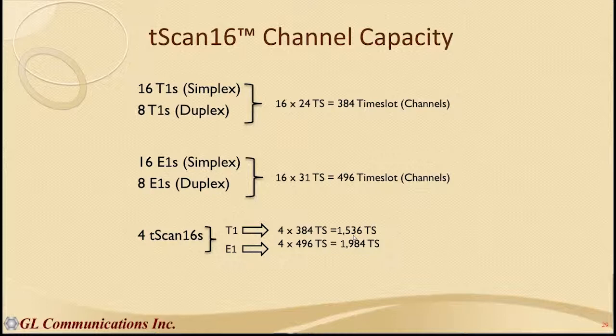And so where would you find an application for something like this? Well, you might be monitoring a network junction point, where you have a lot of traffic going from TDM to IP, for example, and you want to monitor all the TDM traffic. You could use our T-Scan 16 to monitor all of these voice channels, or they could all have signaling on them, like SS7, for example.